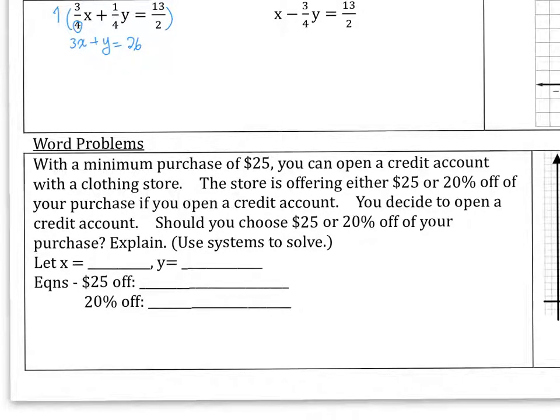And now I need to find the x and y intercepts. So I'm going to first look for the y-intercept, which is just easier. I can just let x equal 0 and y would be 26. And for the x-intercept, if I let y equal 0, then x would be 26 over 3.